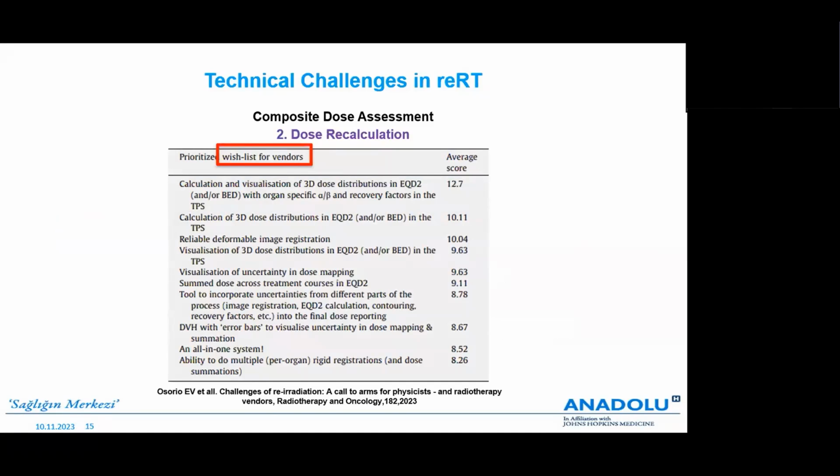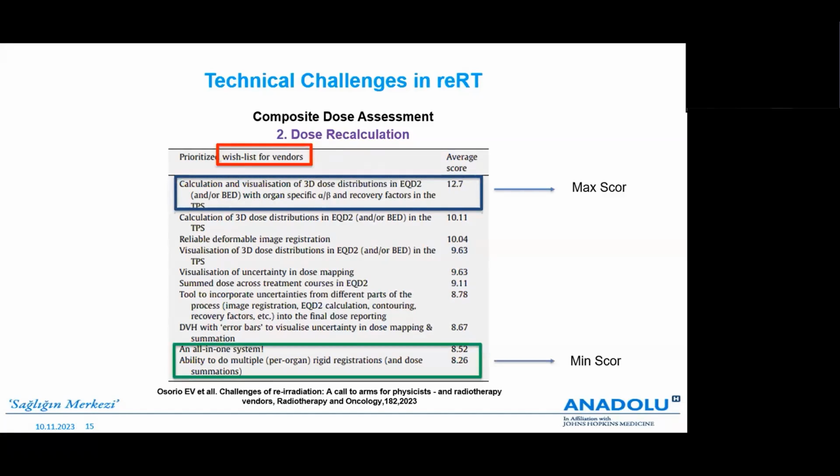If you look at this, the maximum score is calculating and visualizing the 3D dose distribution in EQD2, which means the physicists try to find software that does an EQD2 or BED calculation and gives us the alpha beta value with recovery data. So the physicist needs to solve their problem with the software. So this is the maximum score.